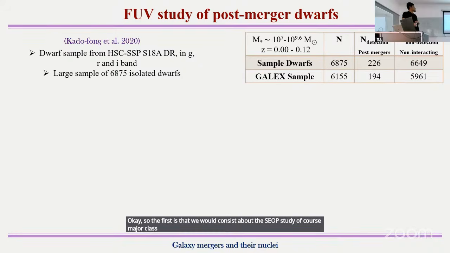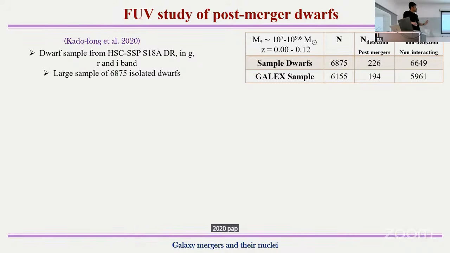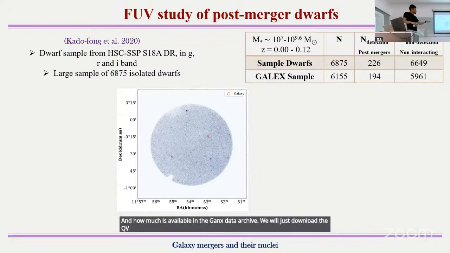For that, we are taking this bigger sample of dwarf galaxies, more than 6,000, and we are going to look for the GALEX data: whichever of these 6,875 galaxies, taken from the Kado 2020 paper, are available in the GALEX data archive. We will download the FUV data for all of these galaxies.